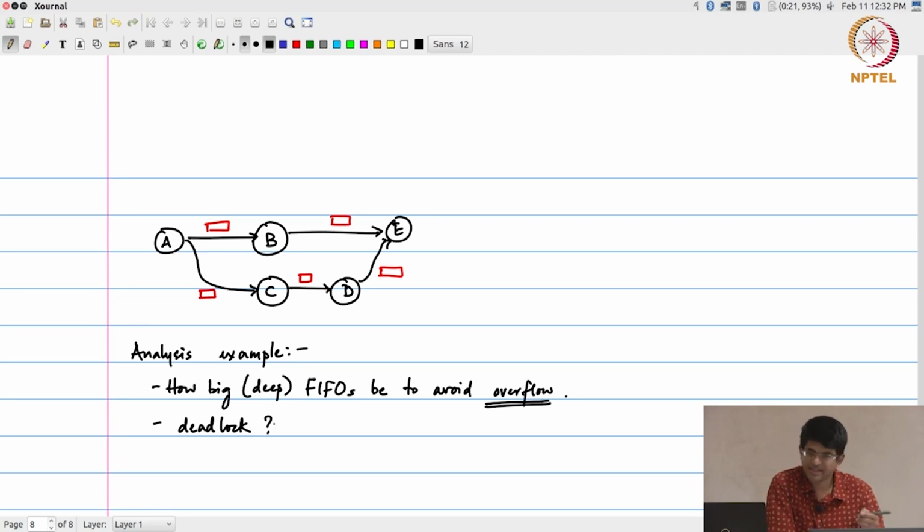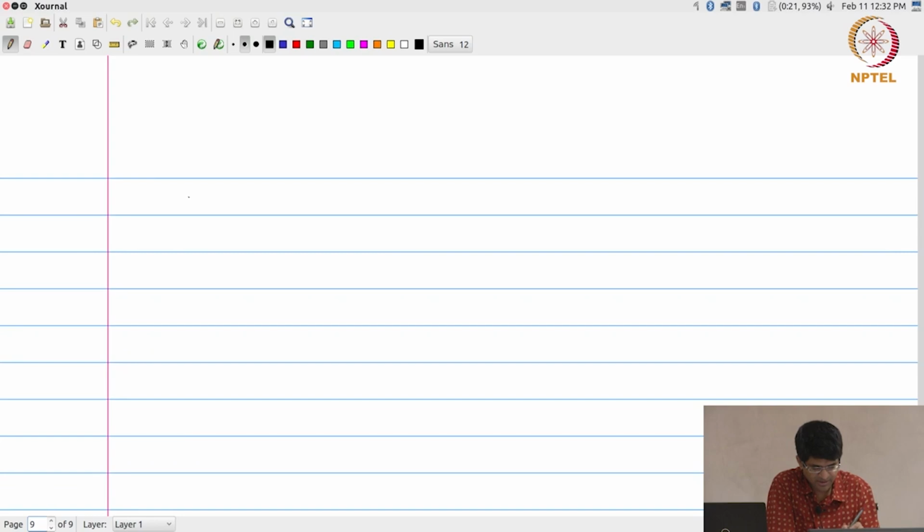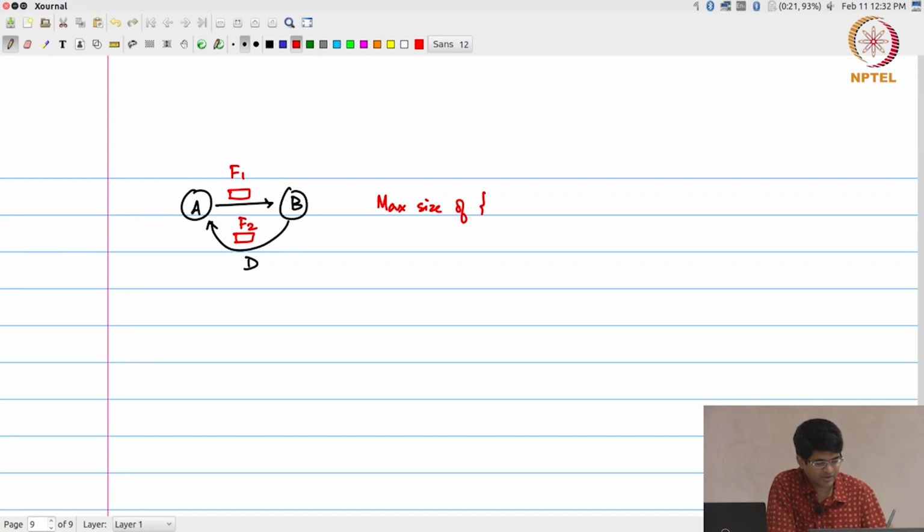Alright, so let us just take a quick example to get an idea of what we mean by this. In fact, this example that we talked about over here itself is a good one. I can straight away say the max size of F1 and F2 required.